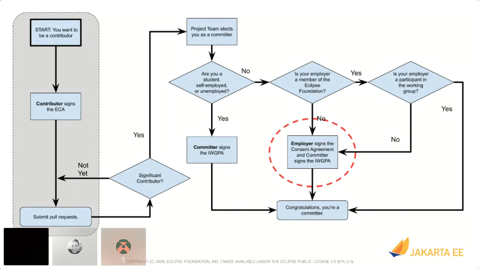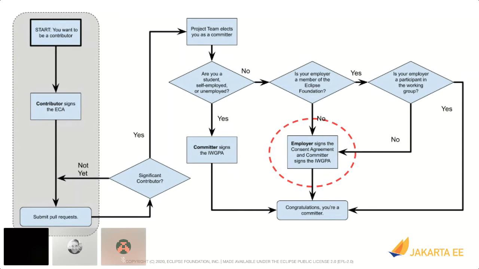If your employer is already a participant in the working group, then we already have all the necessary paperwork in place and all necessary agreements are there, so you're good to go. It's that gray area in the middle. If your employer is not already a member of the Eclipse Foundation, or your employer is not a participant in the working group, then we need your employer to sign an additional agreement.